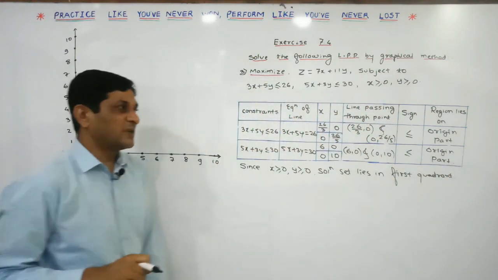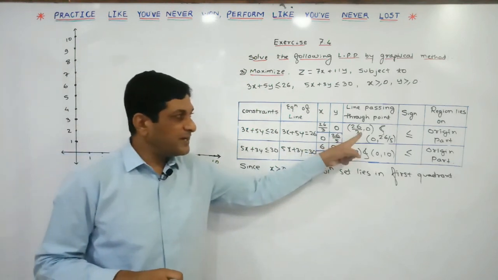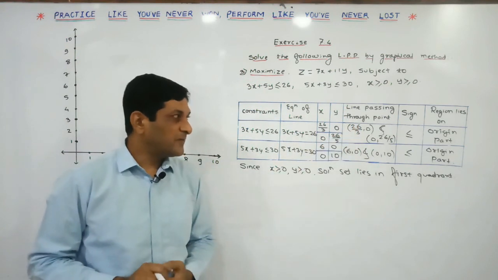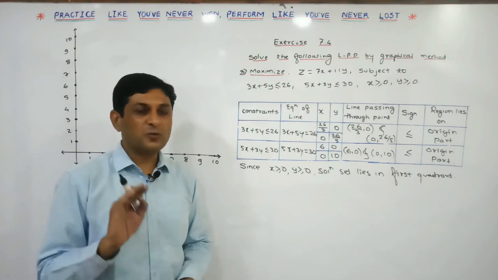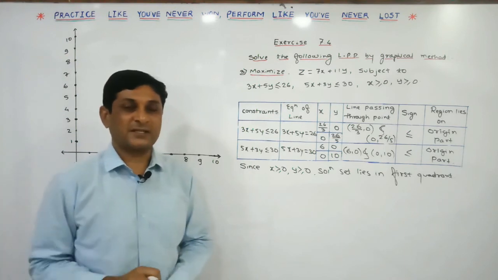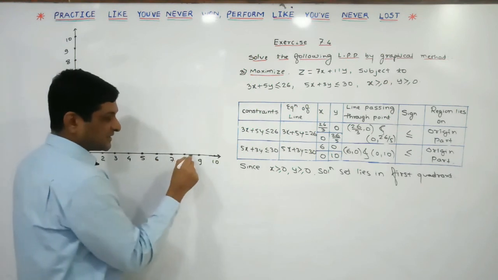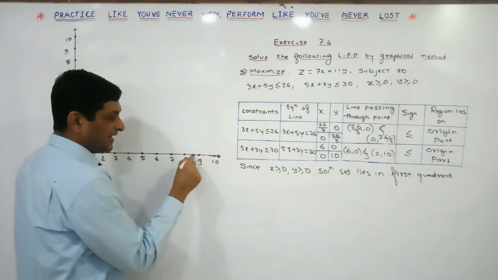Now let us try to construct the first line. So observe the first line. What is the coordinate of the point on the x-axis? 26 upon 3. 26 upon 3 means its approximate value will be 8.666 if you perform the calculation very carefully. 8.666 lies somewhere in between 8 and 9.